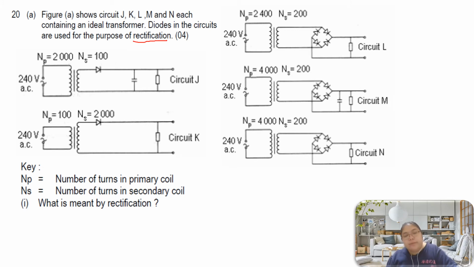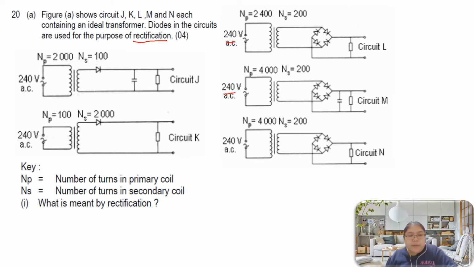They want to convert AC to DC. Okay, now we go to check. Every voltage input should be the same, 240. Output we do know. Then the number of turns is also different. Okay, let's see the key. NP is the number of turns for the primary coil, and NS is the secondary coil.